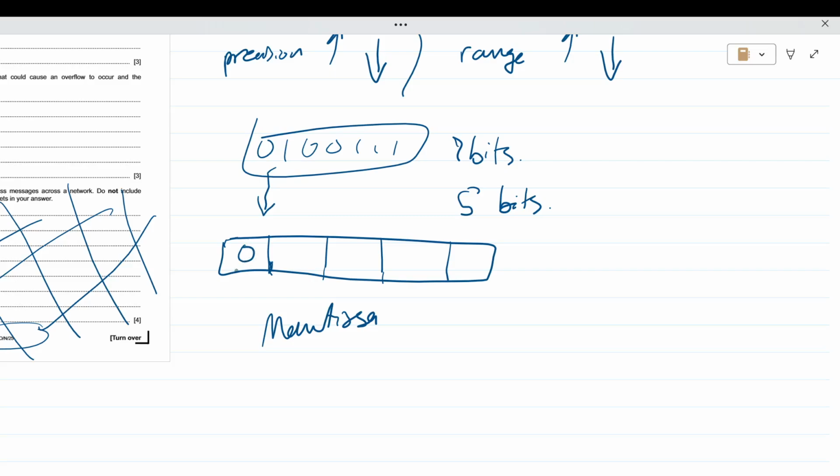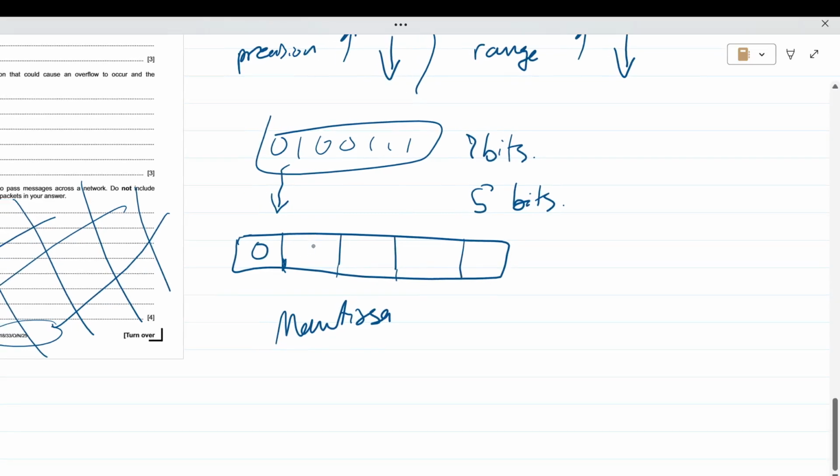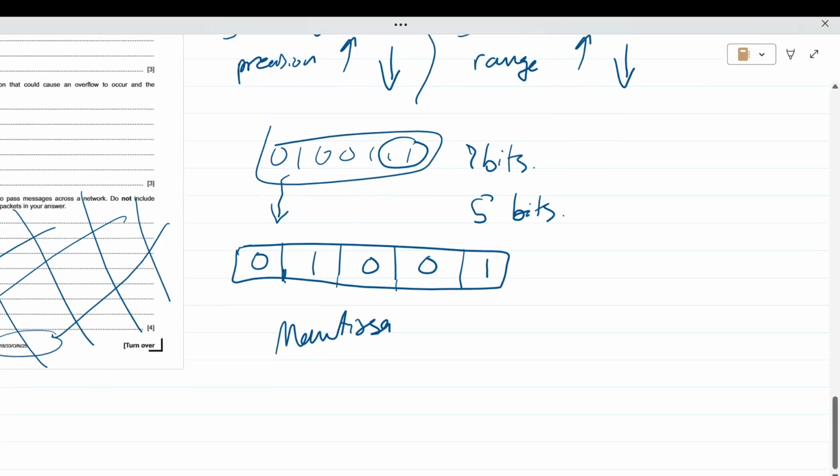I cannot just remove it, because if I wrote a 1 here, it would mean that our binary number is negative, which isn't the case. So it's 0 1 0 0 1. And what about the other two digits? They're lost, right?